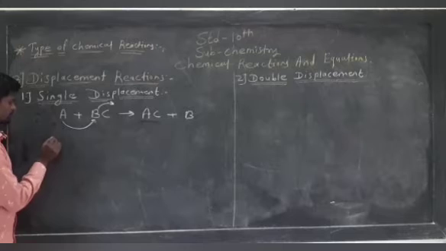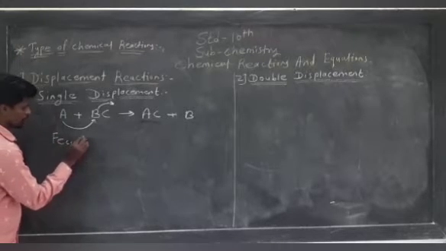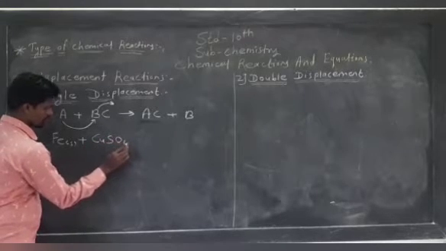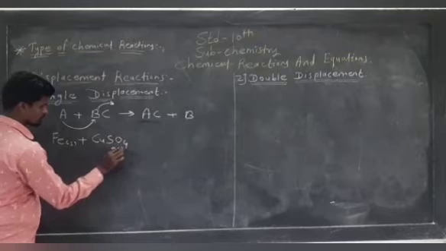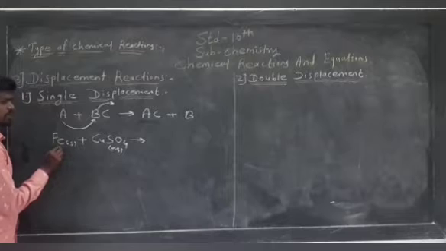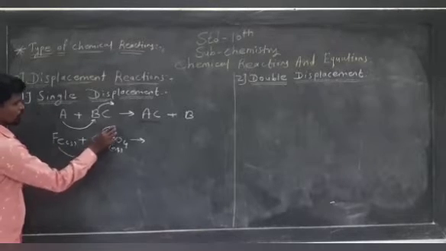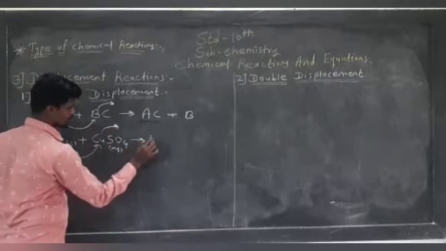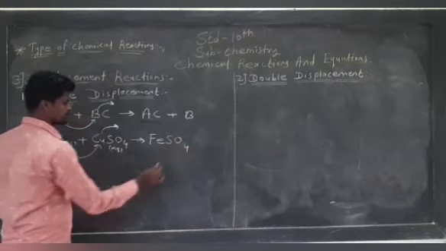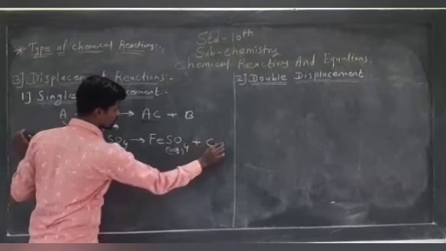So for example, Fe in solid form is reacted with copper sulfate in aqueous form. The iron displaces the other element, that is the copper, and it gives ferrous sulfate or iron sulfate in aqueous form with byproduct copper.